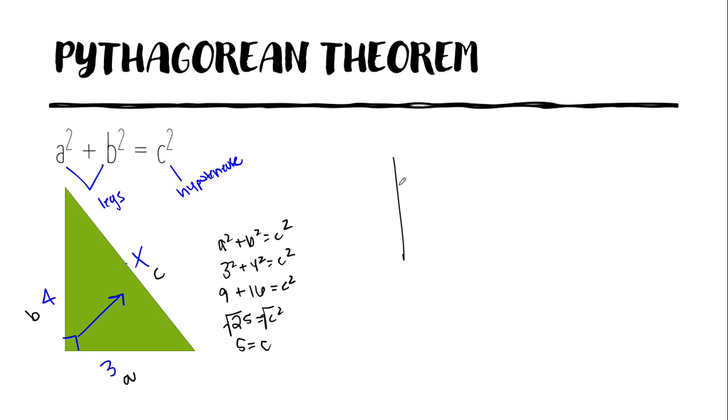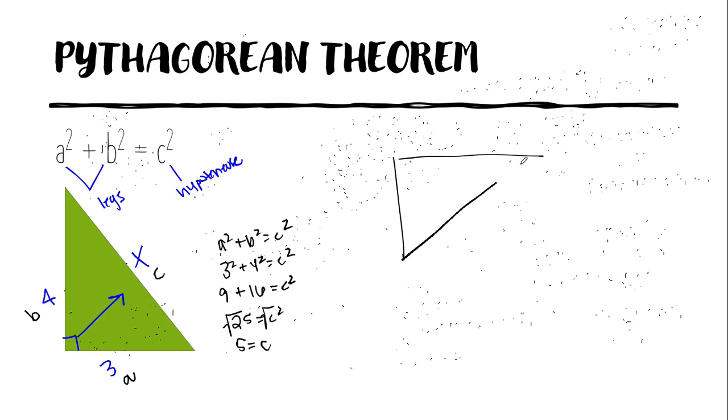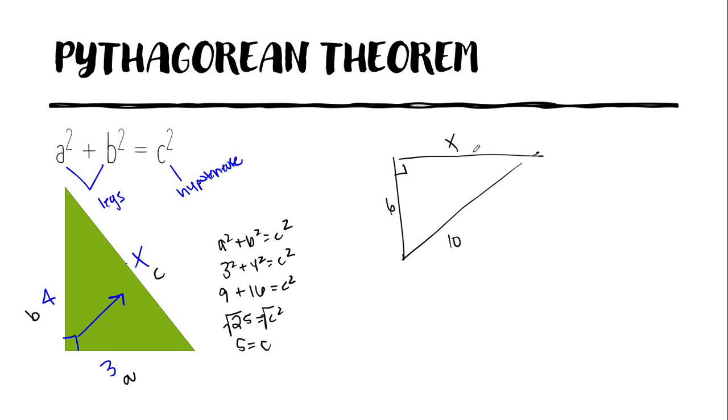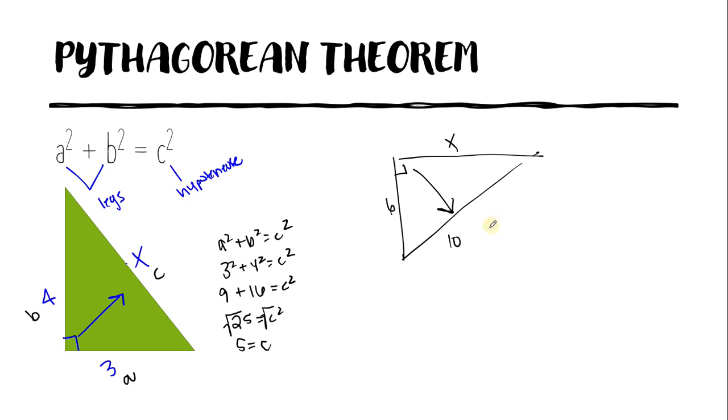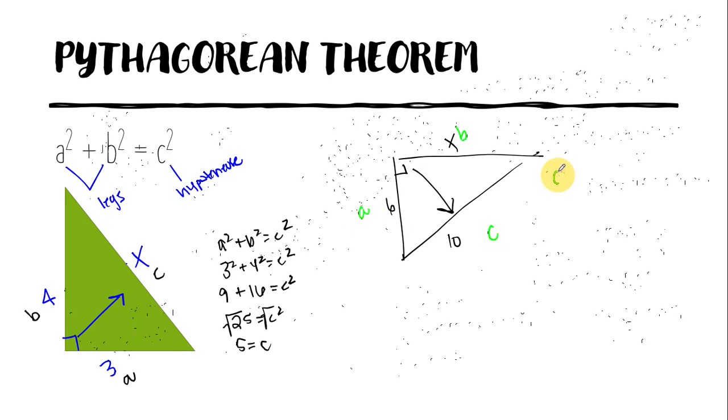Let's say my triangle looked like this. What am I missing? Here's my 90-degree angle, so that's my hypotenuse over there. So I have my c, and I have a leg, so I'm missing my other leg. Always write down your formula. Always label every single time.